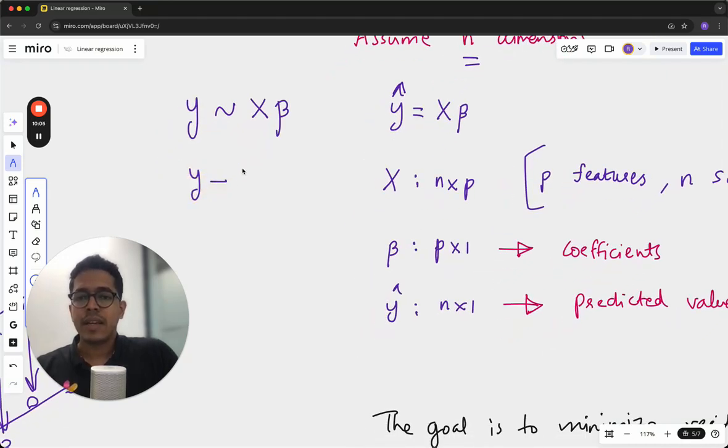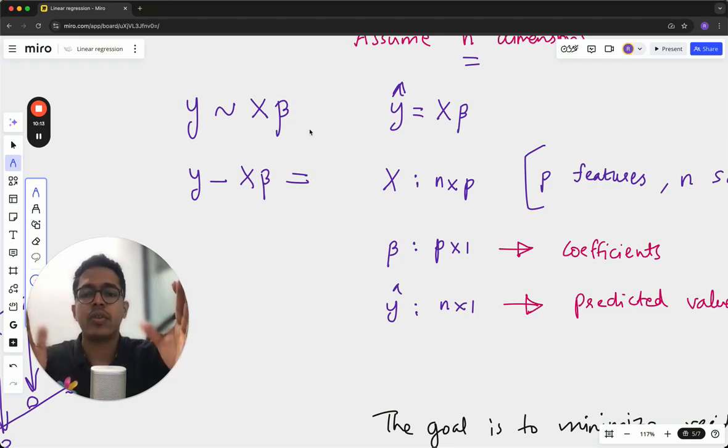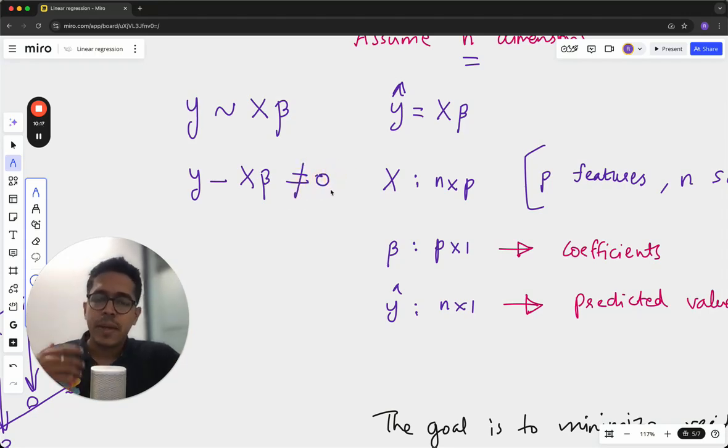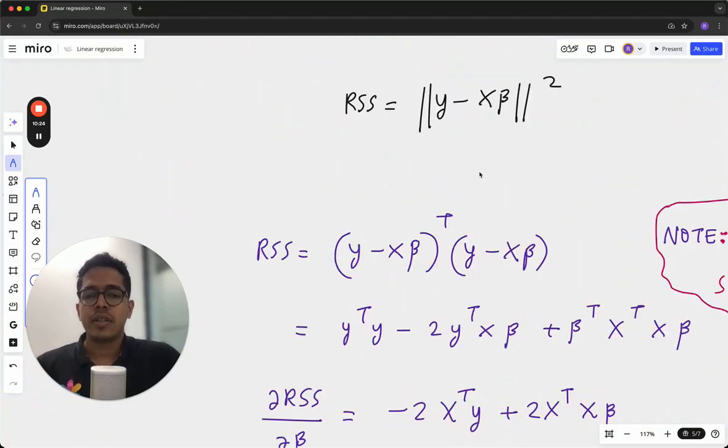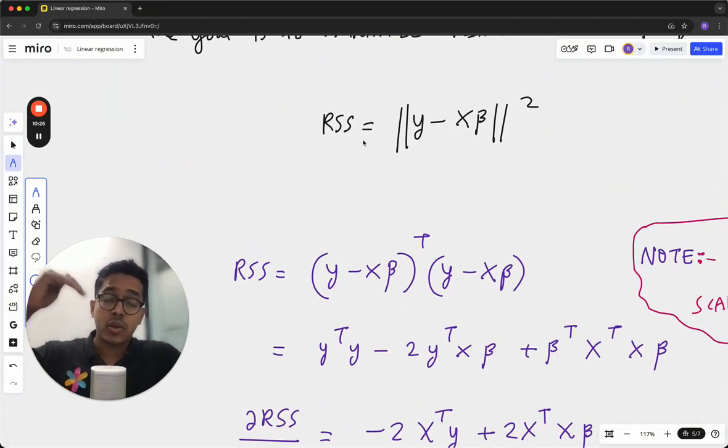So y minus x beta will never be exactly equal to 0 unless all the points happen to be exactly on one straight line. Otherwise, this will be something different from 0. So if you take the square of this particular matrix, y minus x beta, then it's the residual sum of squares.